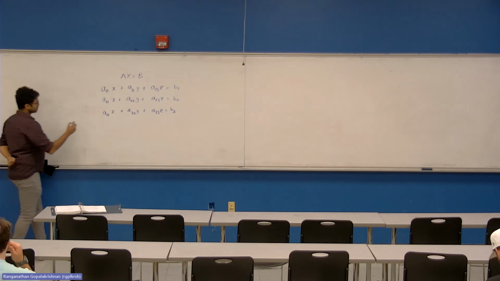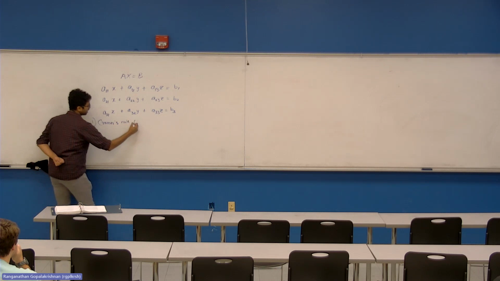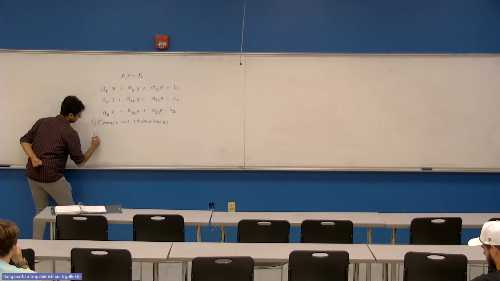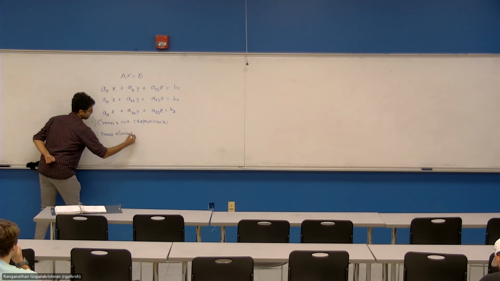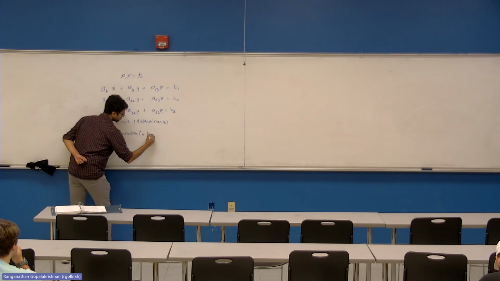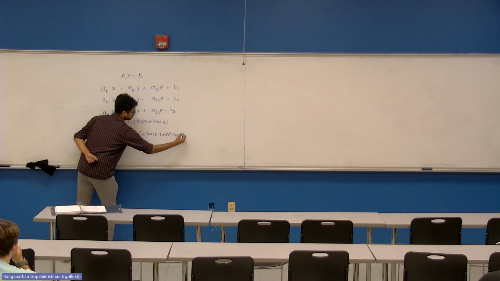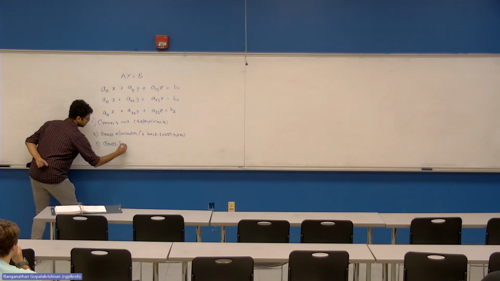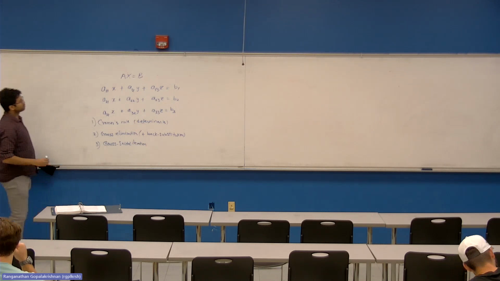And we saw 2 methods. One, Cramer's rule, which is based on determinants. And the second, called Gauss elimination, which involves elimination and back substitution. So these are the 2 methods that we saw. The third in our list is called Gauss-Seidel iteration. This is what we are going to focus on today.